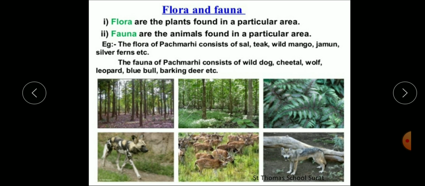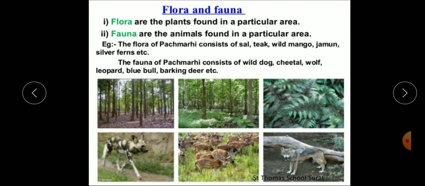See, example of flora, you can see the flora of Pachmarhi consists of sal, teak, wild mango, jamun, silver ferns, etc. These all are the examples of flora. This is sal, then silver ferns, and that is teak.